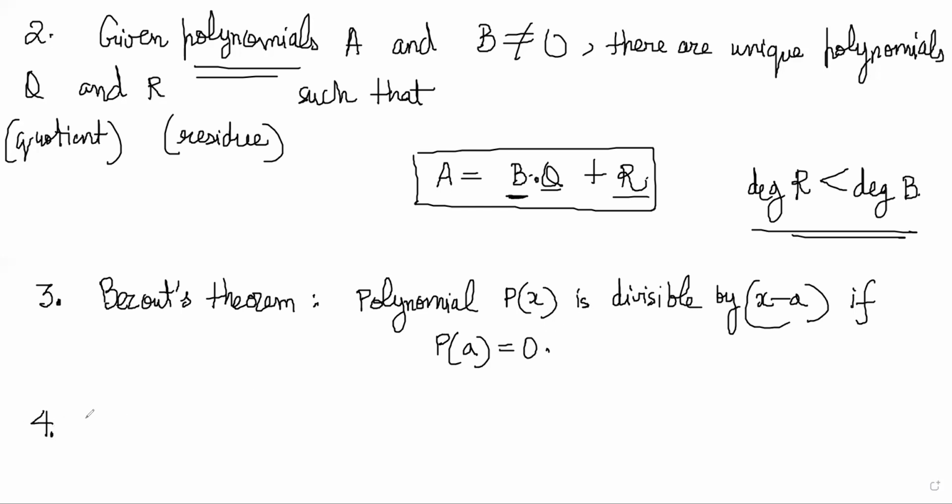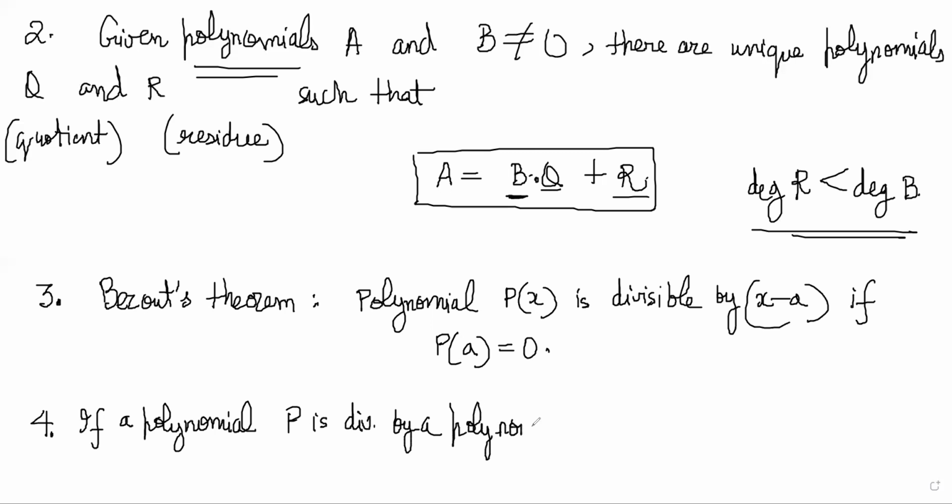And the last thing that I want to discuss is, if a polynomial p is divisible by a polynomial q, correct? Then every root of q is a root of p.